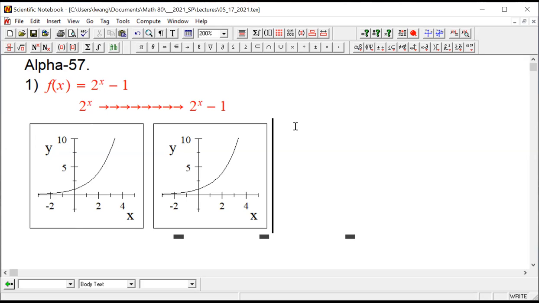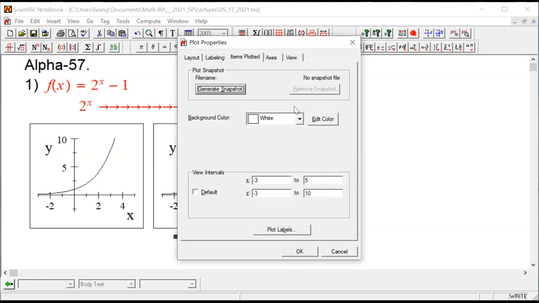How should we shift it? We should shift it down by 1 unit, right?